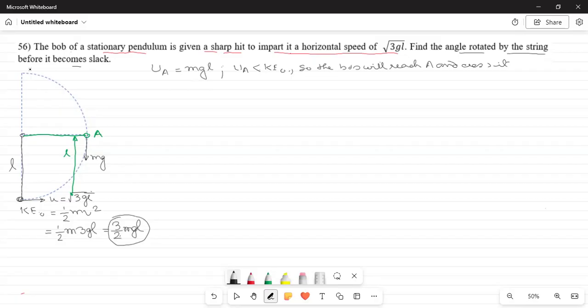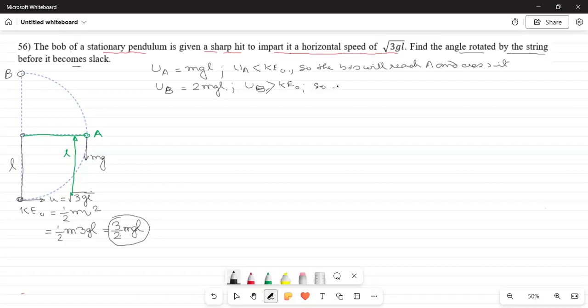Now let us find out, will it reach point B? The potential energy required at B is 2mgL. And we find the gravitational potential energy at B is more than the initial kinetic energy.